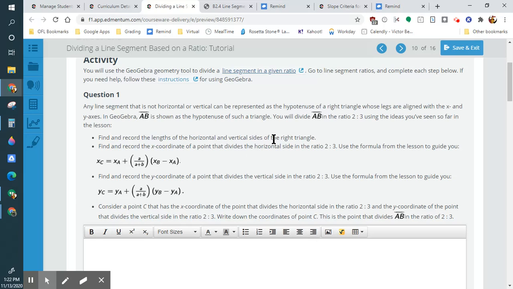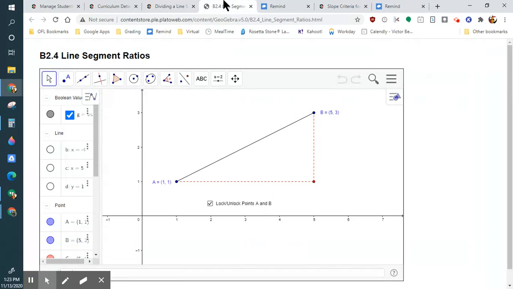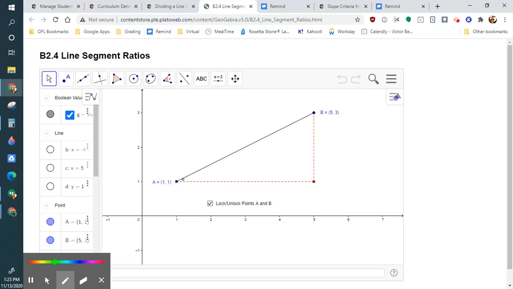You divide AB into 2/3 using the ideas from what we just learned. Find and record the horizontal sides. Find and record the x coordinate of the point 2/3 of the way, and then we're going to find and record the vertical. So we're going to do two things. We're going to figure out, where's my pen? There it is. We're going to figure out the horizontal, figure out what the length is, and then we want to figure out the x value when we cut it by 2/3.